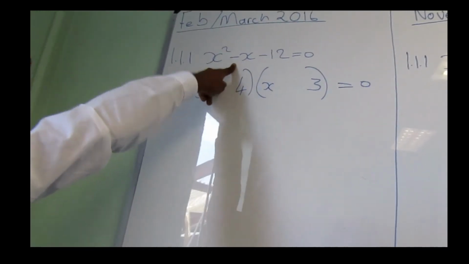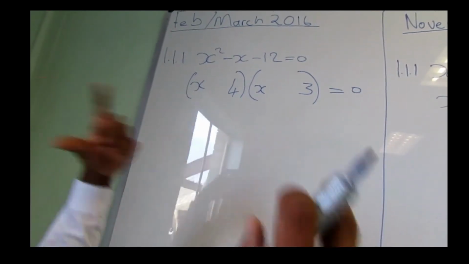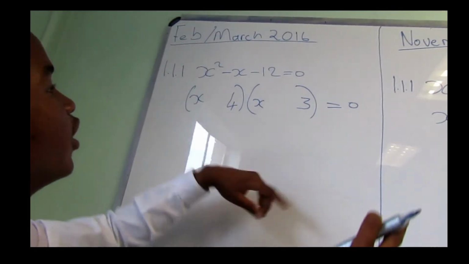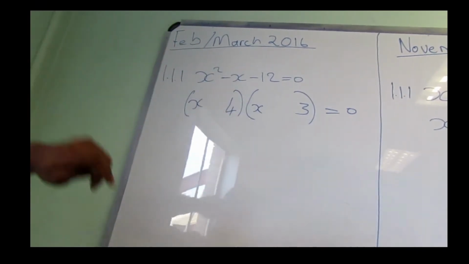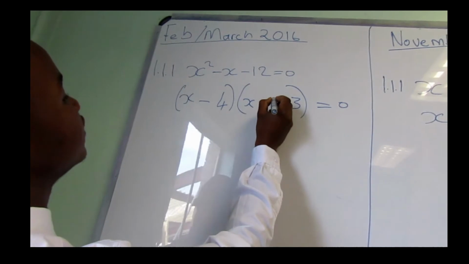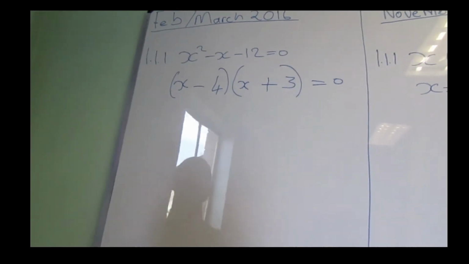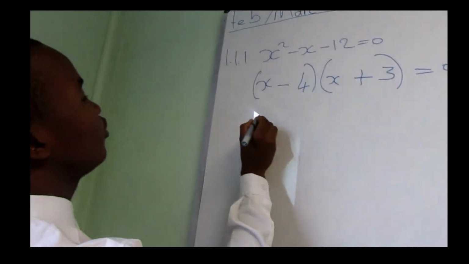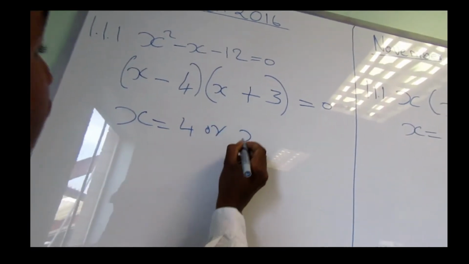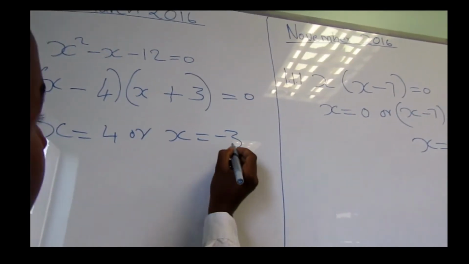Because it's negative, the bigger one has to be negative and the smaller one has to be positive to get the negative value. Then we finalize and say x equals 4 or x equals negative 3.